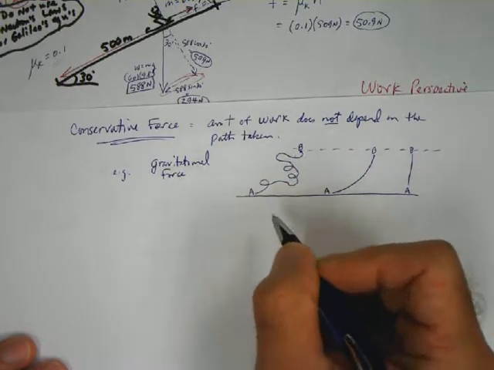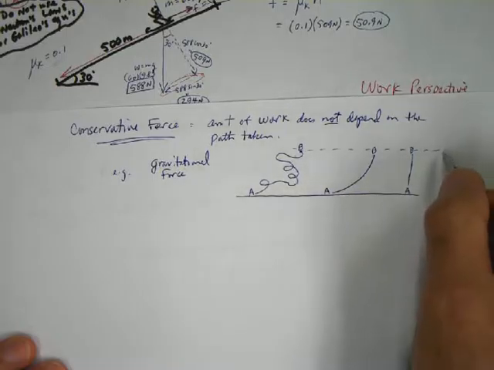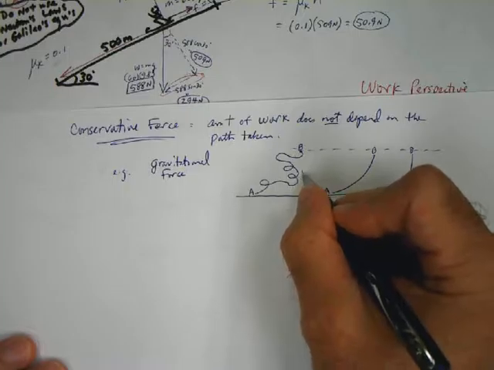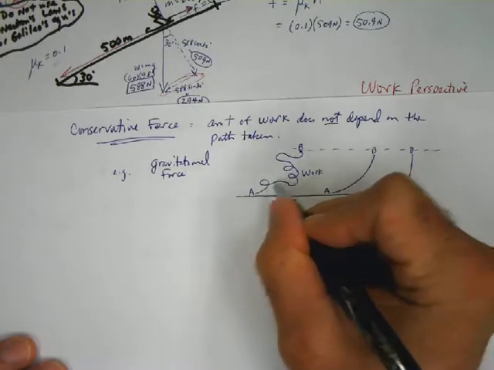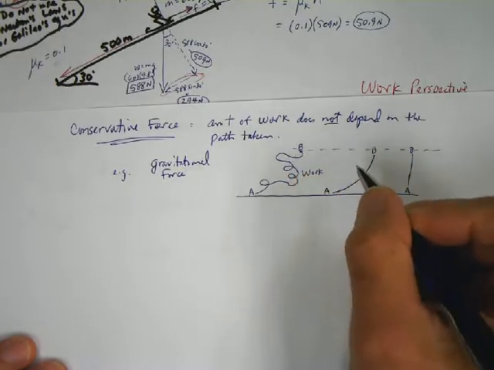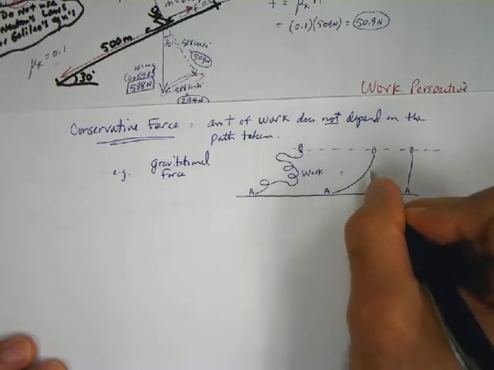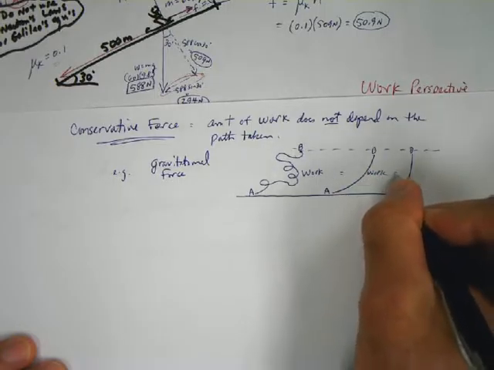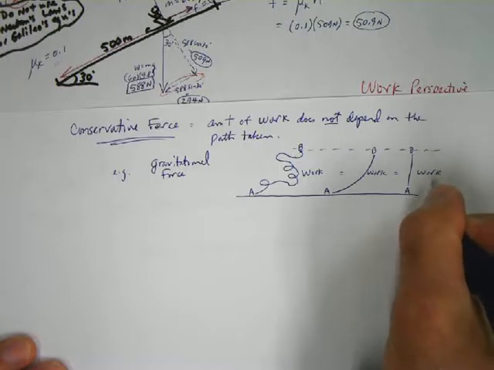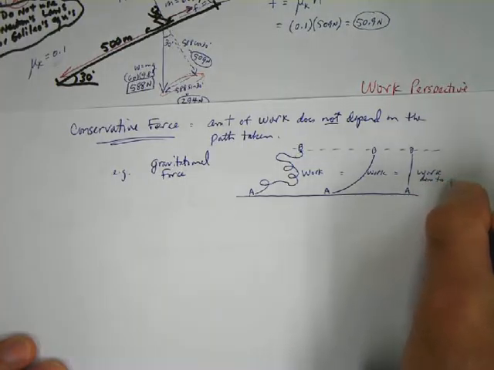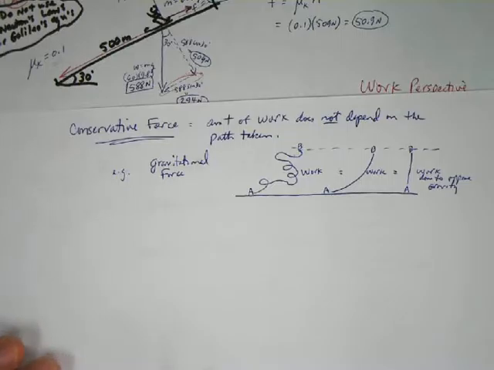It takes the same amount of work to overcome gravity there as here and as here. Independent of path. So gravity then is a conservative force.